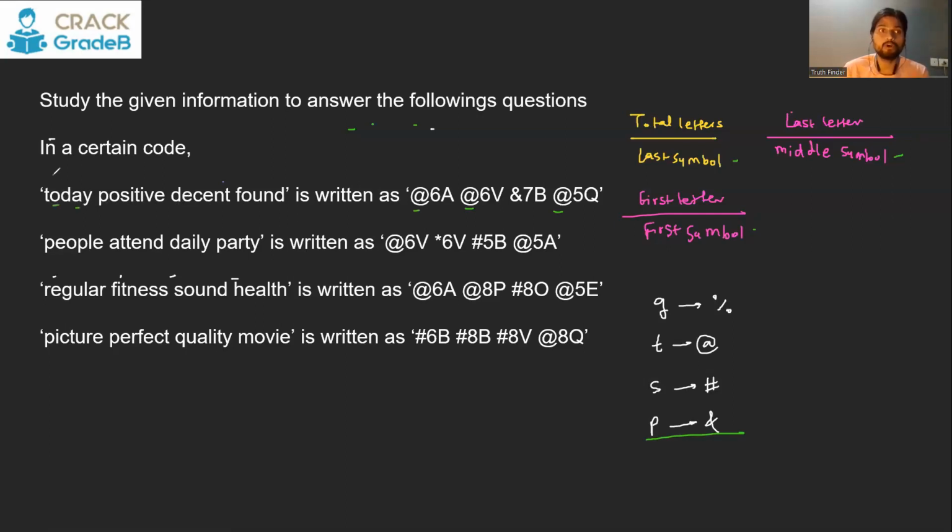There are 2 vowels, and 4 vowels, 2 vowels and 2 vowels. So definitely the first @ is about the 2 vowels and the ampersand is about the 4 vowels, and so on. So you can proceed with this. I hope you can solve these types of questions now.